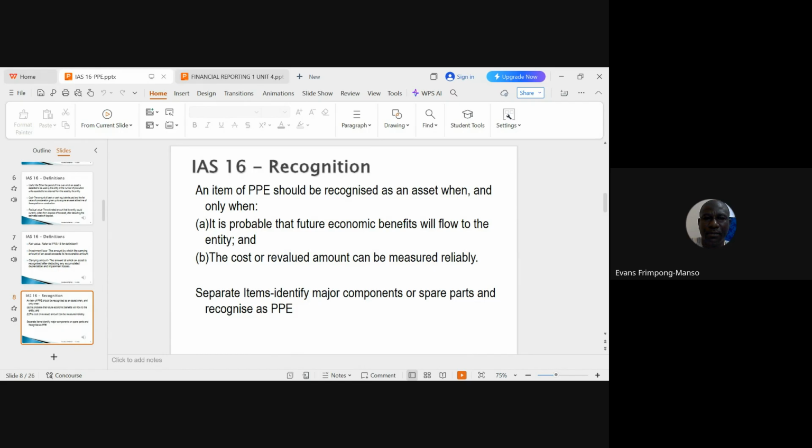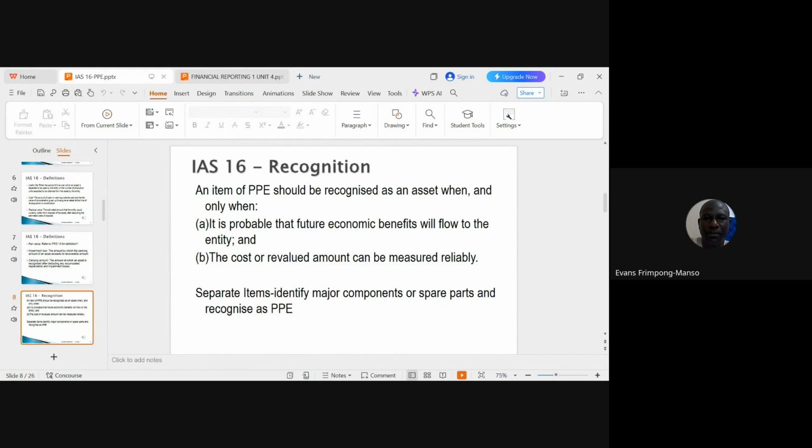So you know what is meant by recognition. So at what stage do we recognize property, plant, and equipment on the financial statement?